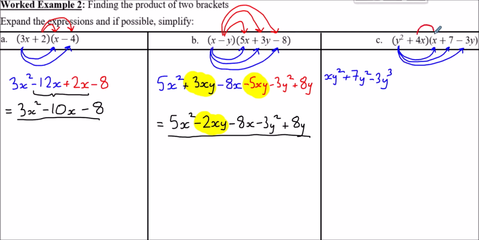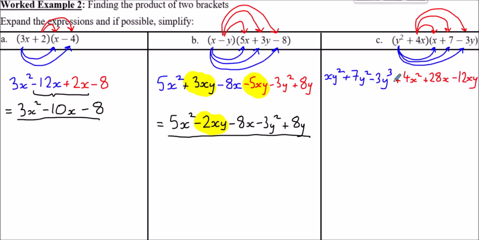So 4x times x is positive 4x squared. 4x multiplied by positive 7 is positive 28x. And then 4x multiplied by minus 3y. 4 times 3 is 12, so 4 times minus 3 is minus 12, and x times y we just write as xy.